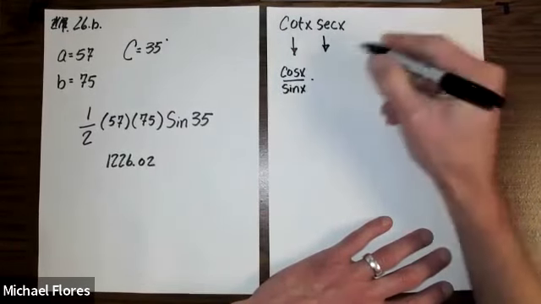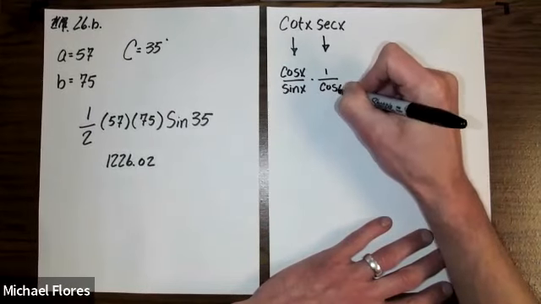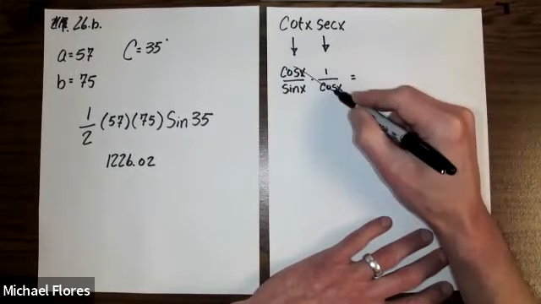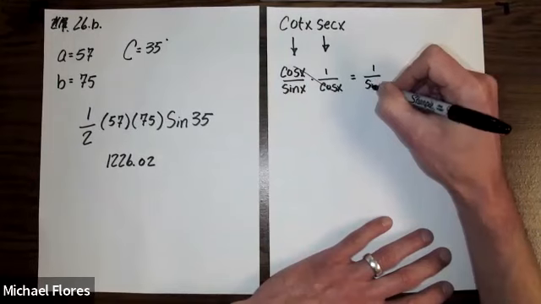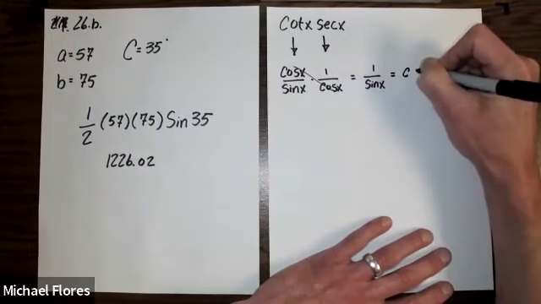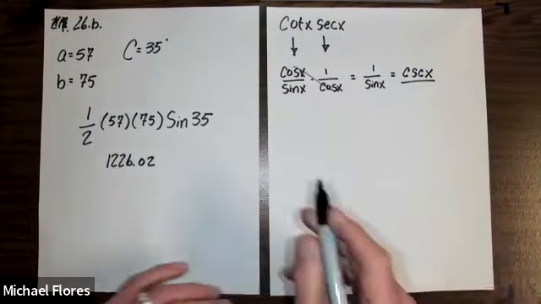And we want to change that to the reciprocal identity, which would be 1 over cosine of x. Now, before we multiply, we can cross cancel. Then if we multiplied, we get 1 over sine of x, which simplifies to cosecant of x. That's the final answer.